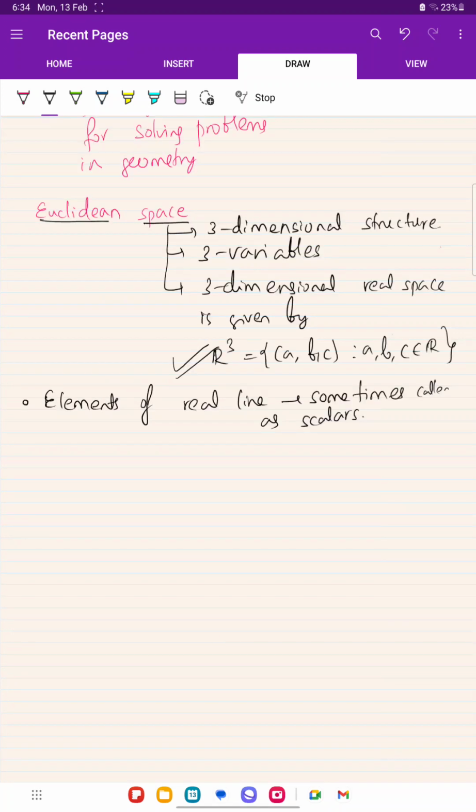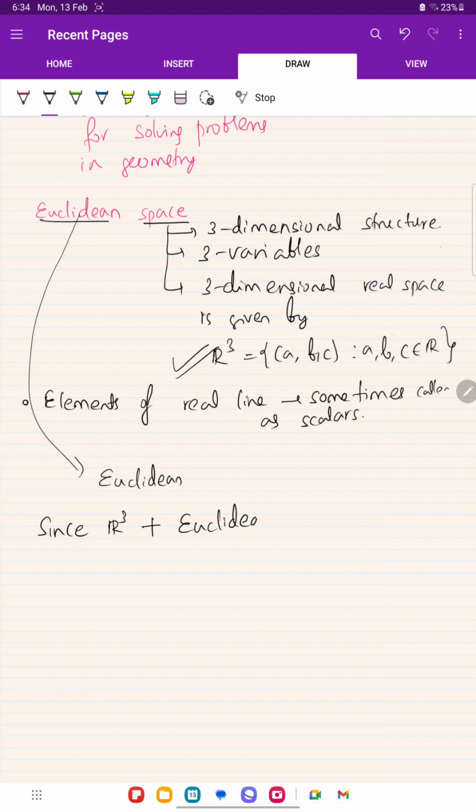Now, in Euclidean space, the word Euclidean is there, so we have to justify this. Since we have R3 as a real space, suppose this real space is equipped with the Euclidean metric, then this together is called Euclidean space.